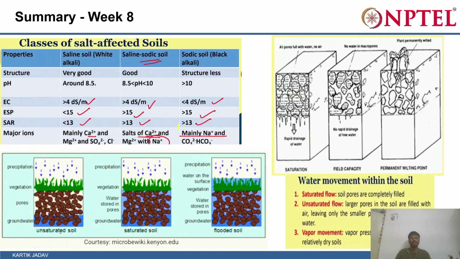Generally you decide which kind of soil it is. It's a class of affected soil, with a different structure, pH, EC, ESP, that is exchangeable sodium percentage, and SAR, that is sodium adsorption ratio criteria. Depending on that, you decide which kind of soil it is, and that will help us to remediate it quickly and create favorable conditions for plant growth.